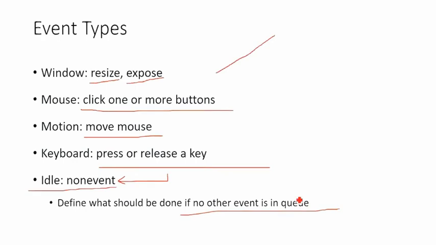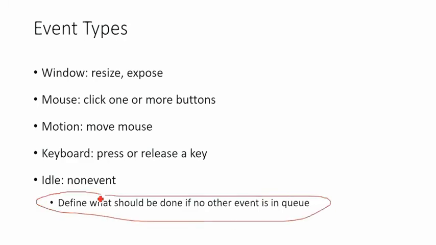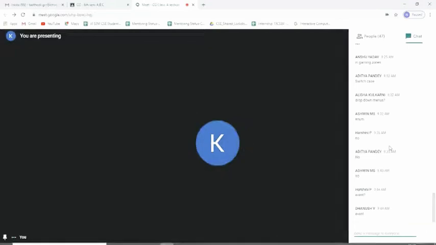We have a specific function for this, to decide what to do when there is no event occurring. Any idea what is the function that we use to deal with the idleness of the event queue? Which is the function? We just discussed this like a week ago. We use something called spinning.